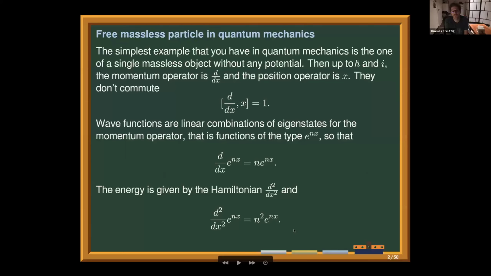for your differential operator of interest, and everybody knows that the eigenfunctions for d/dx are just the exponentials. Right? So e^(nx) has eigenvalue n, and in quantum mechanics, you would then say the wave function of type e^(nx) would have momentum n. And here I simplify notations.